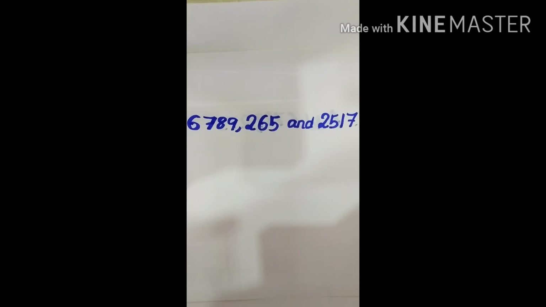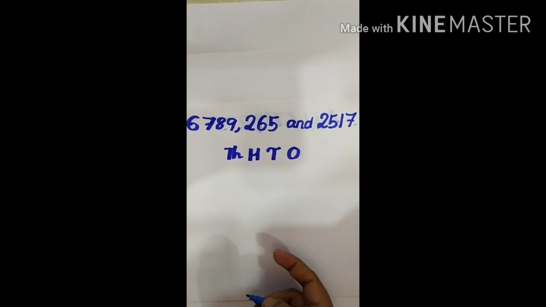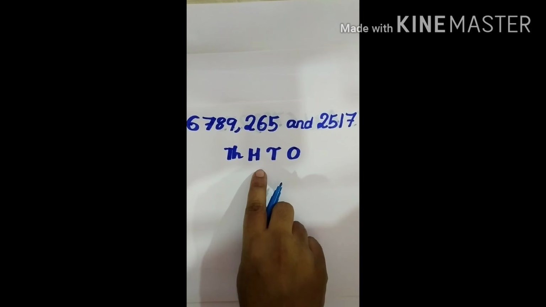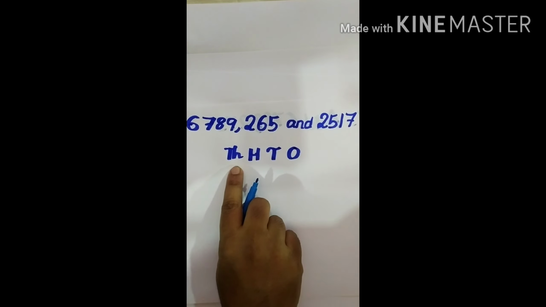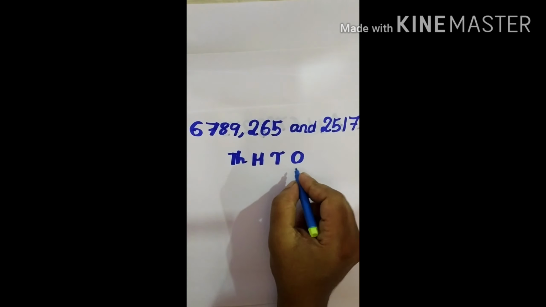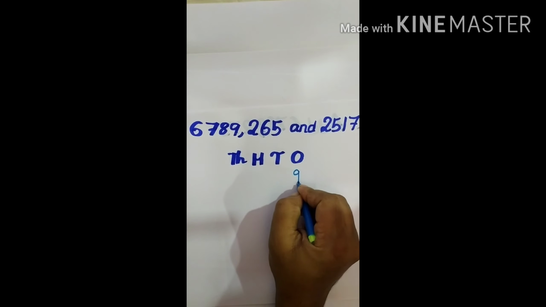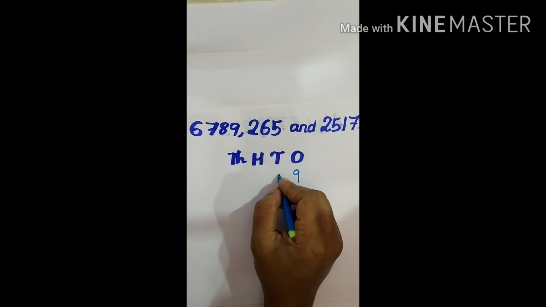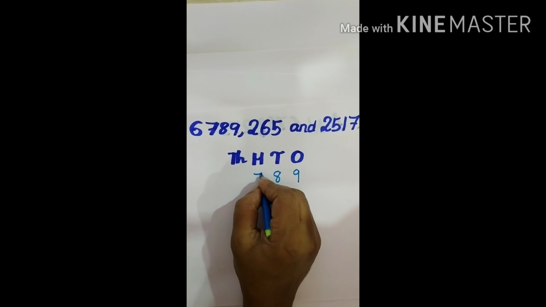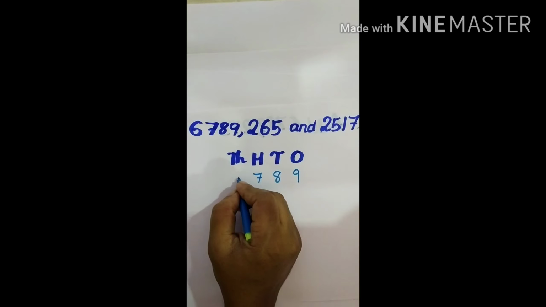Yes, let us see. We arrange the first number. If you mark the places ones, tens, hundreds and thousands, then arrange the first number. Under ones we have 9, under tens we have 8, under hundreds we have 7, under thousands we have 6.